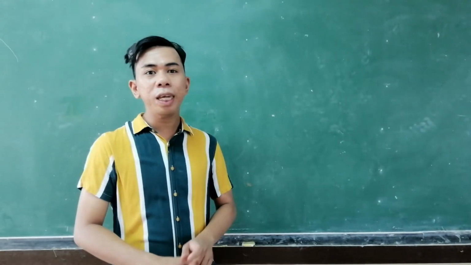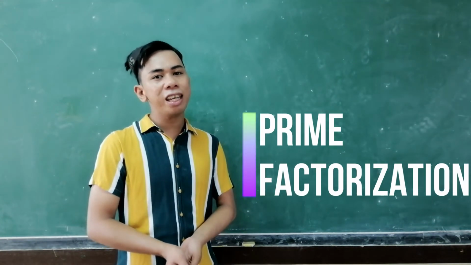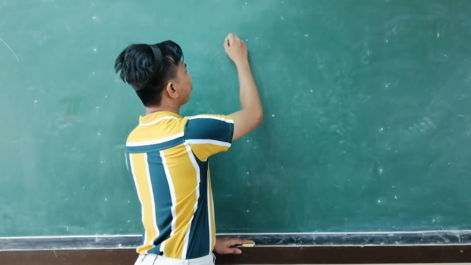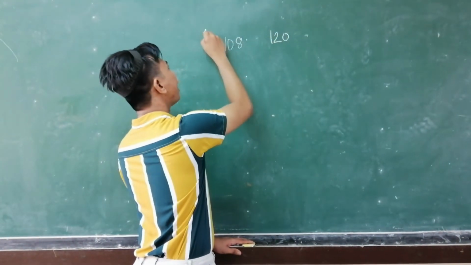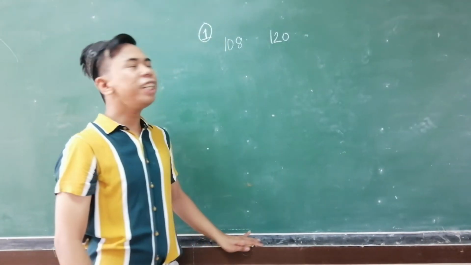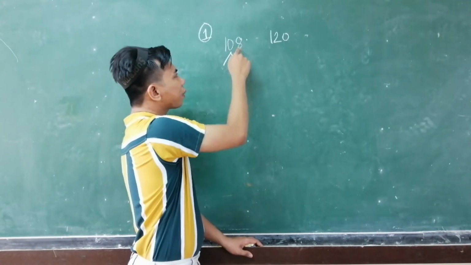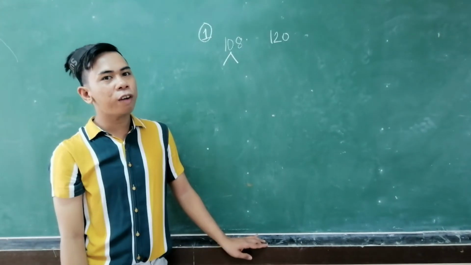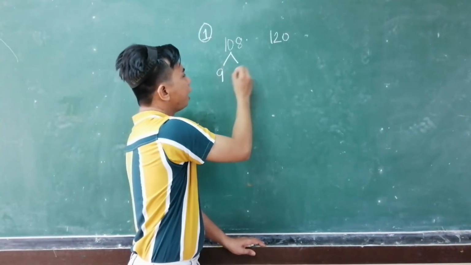Okay, so we will be doing 108 and 120 using the prime factorization. This is for the first pair, right? Okay. So 108 and 120. So let's use the factor 3 to be able to find those prime factors. So we have 9 and 12.